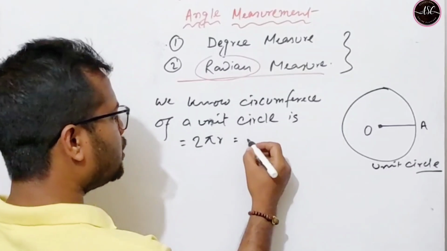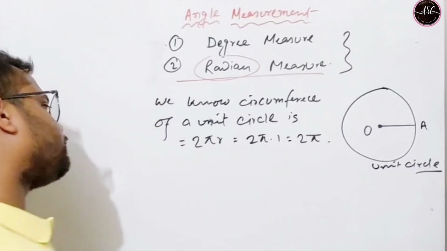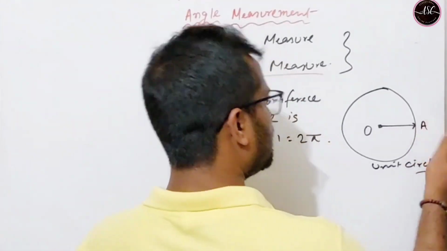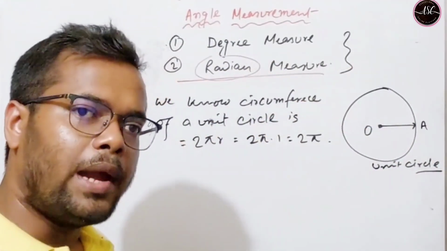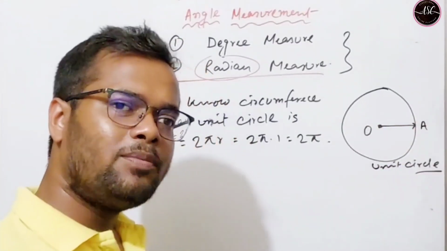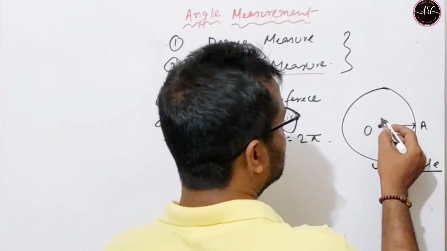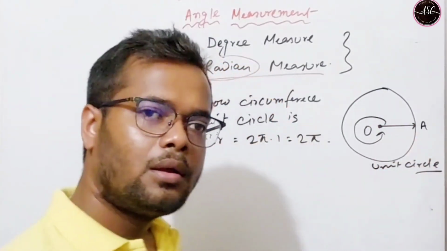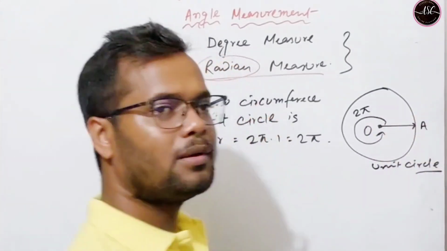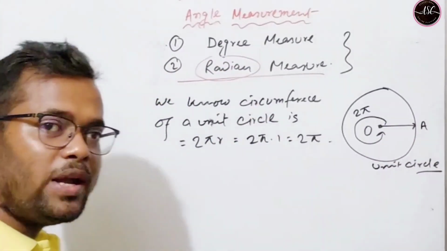Here r equals 1, that means 2 pi dot 1, that means 2 pi. So if this ray is rotating anti-clockwise and comes again to its initial point, then the ray subtends an angle of 2 pi at its center by a whole revolution.